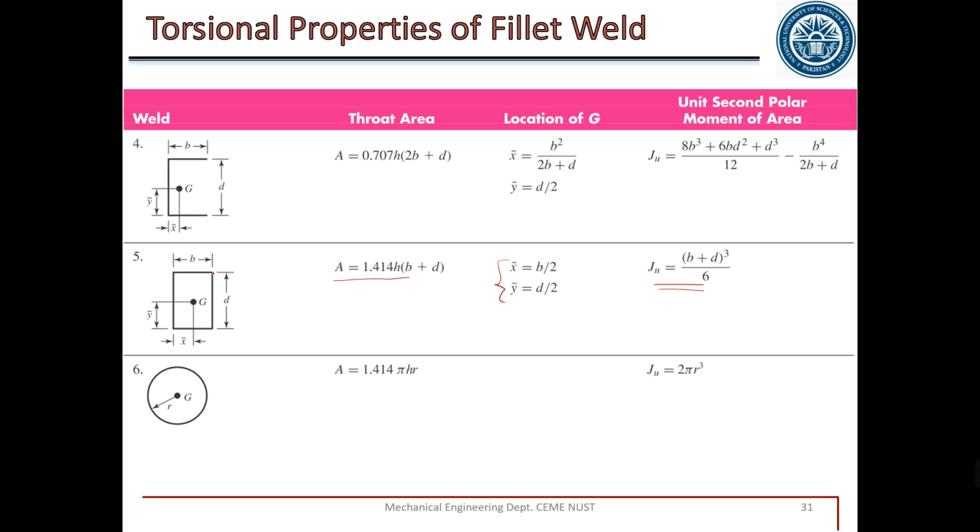So with a 10 mm weld, you have the value of Ju, multiply it with 10 into 0.707 to give you J for that weld. Similarly, x bar and y bar are exactly at the center, and area is given. So all the values are given. You can just use these values for your problem. That is an easy way to use all the values.